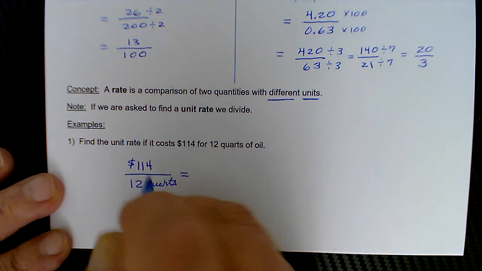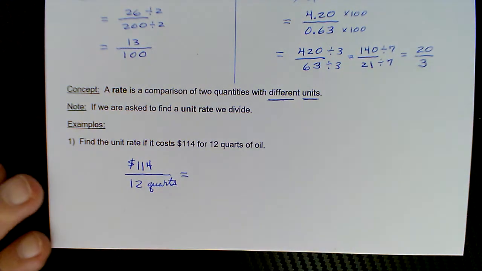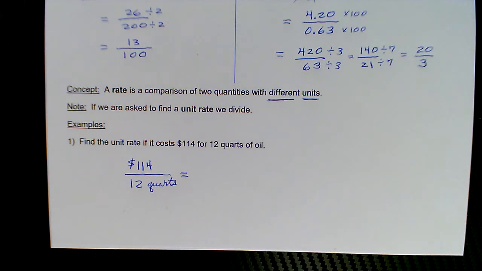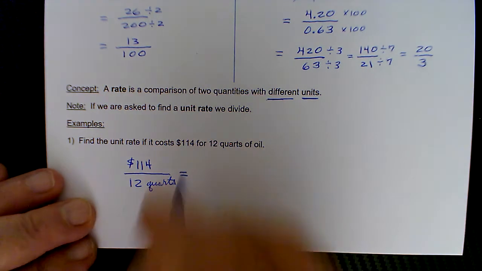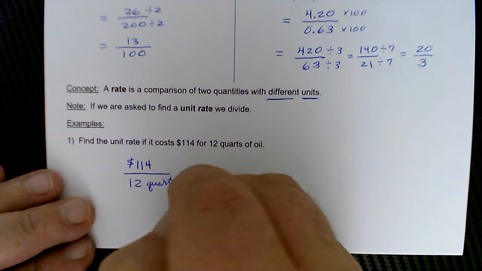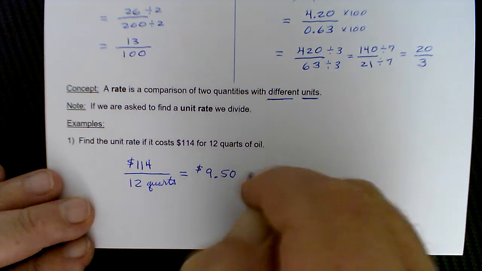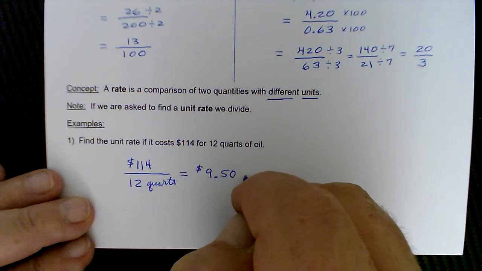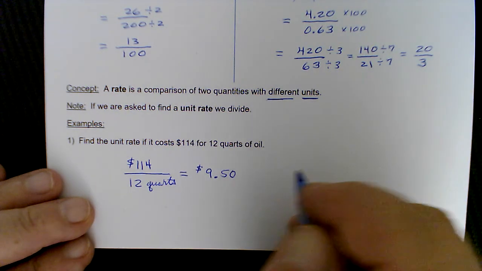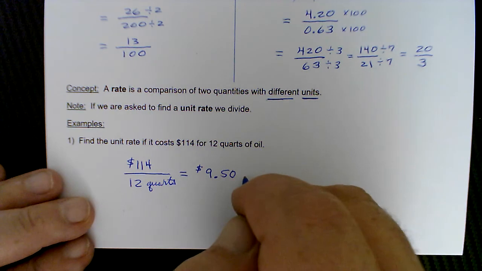And then we just simply divide. 114 divided by 12, break out your calculator, is 9.5. And so I'm going to express this as $9.50. And then here's what we could do. Division, you could use the word per.